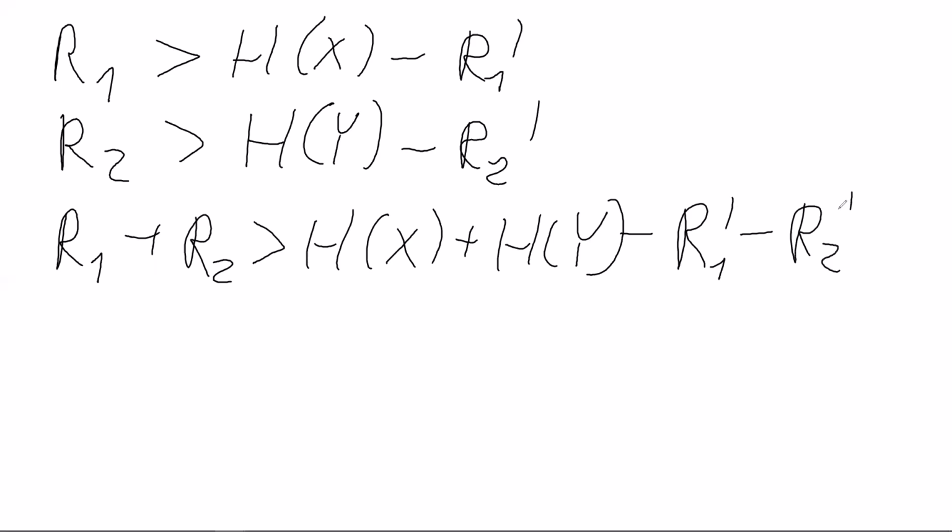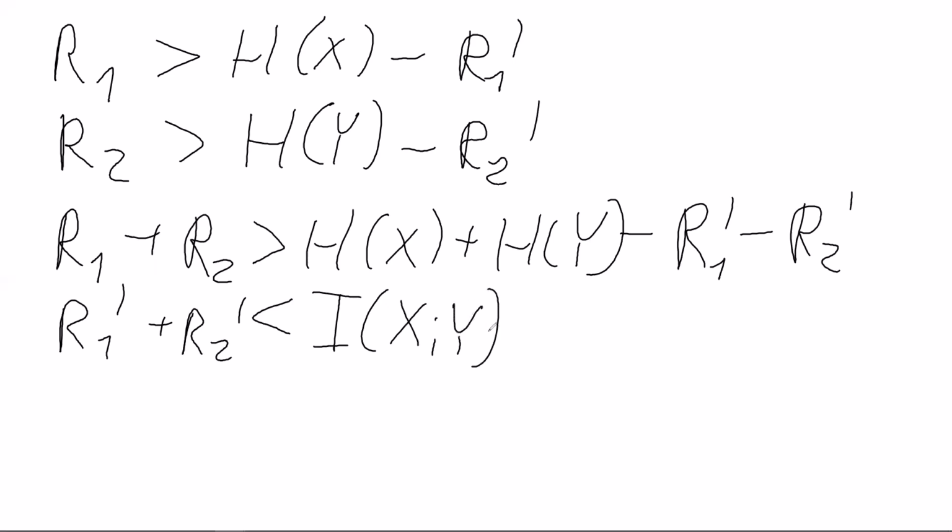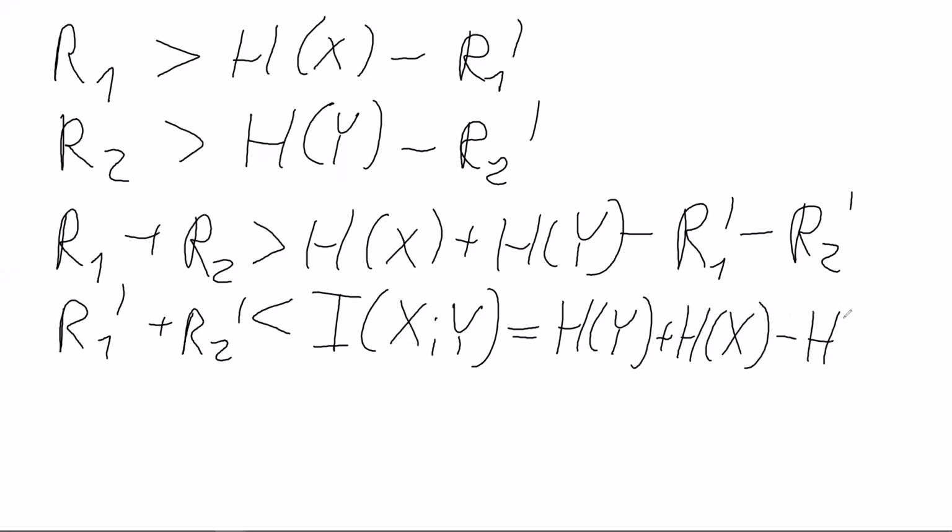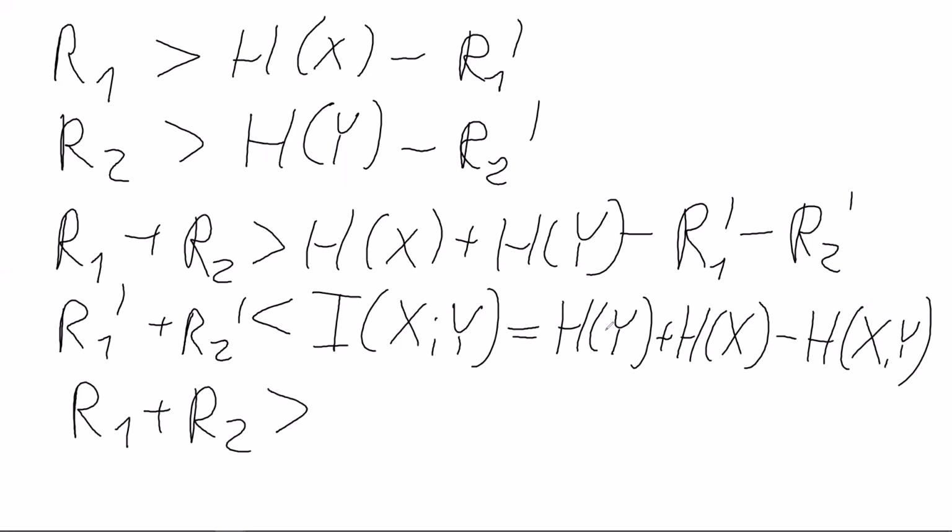But we know again that R1 prime plus R2 prime is smaller than the mutual information between X and Y. And this, of course, we can write also as the entropy of Y plus the entropy of X minus the entropy of X, Y. So if we put this in, we have R1 plus R2 is bigger, and now this cancelled out.